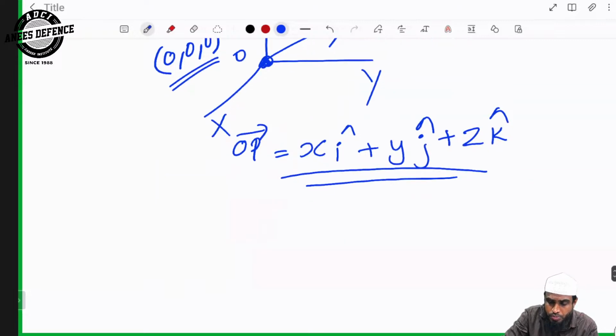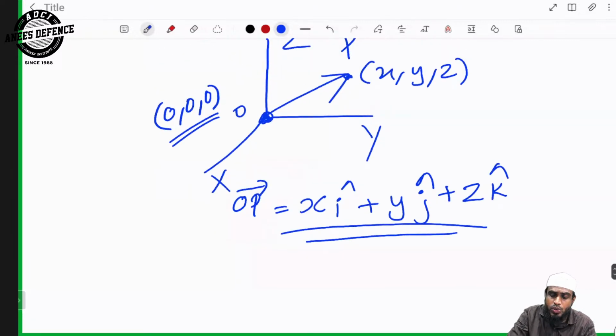So magnitude. What is magnitude? Magnitude means the length of OP.